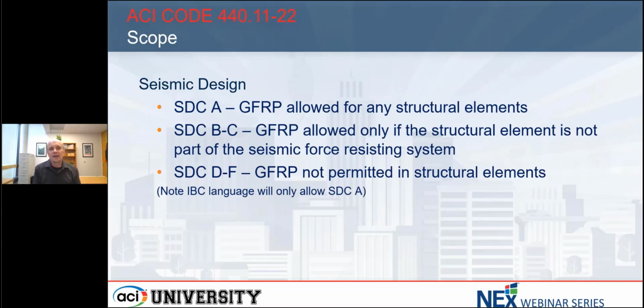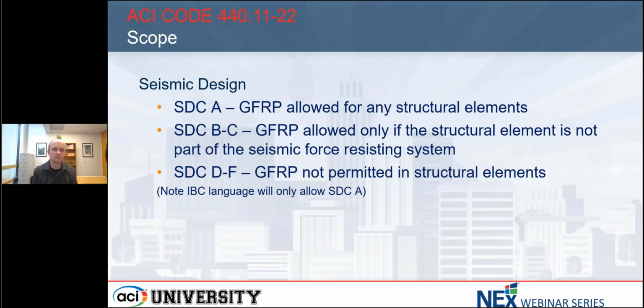Another important aspect from a scope standpoint is in seismic. Because FRP is a brittle reinforcing material, because it is 100% linearly elastic, the behavior in a seismic type loading situation would be quite a bit different than steel reinforced concrete.